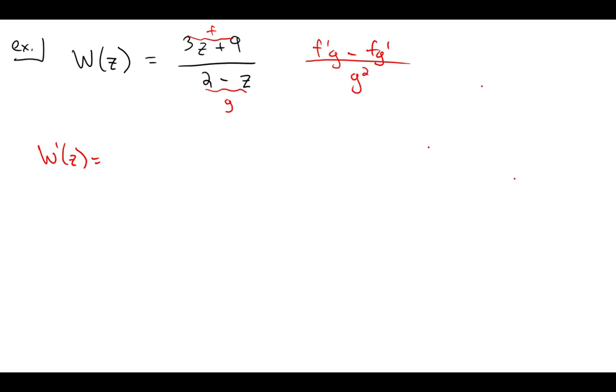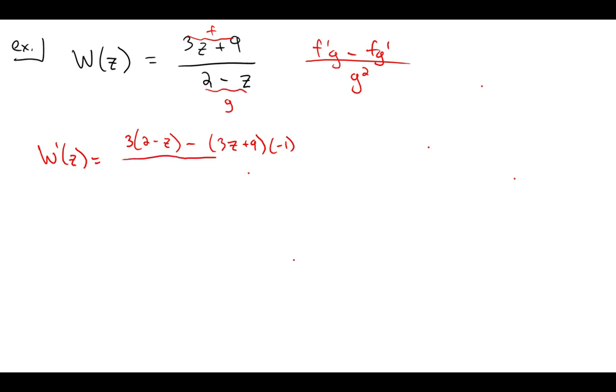So the derivative of the top, which is just 3, times g, so the whole bottom, 2 minus z, minus the original top there, 3z plus 9, times the derivative of the bottom, which is just negative 1.